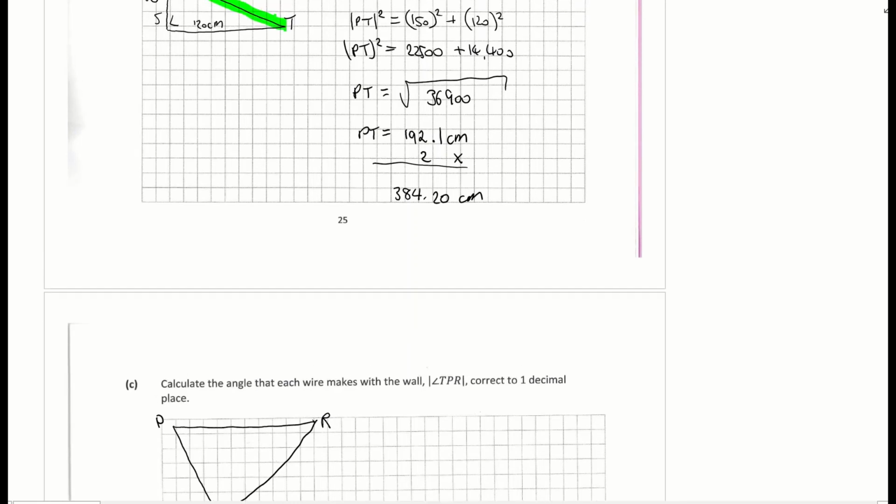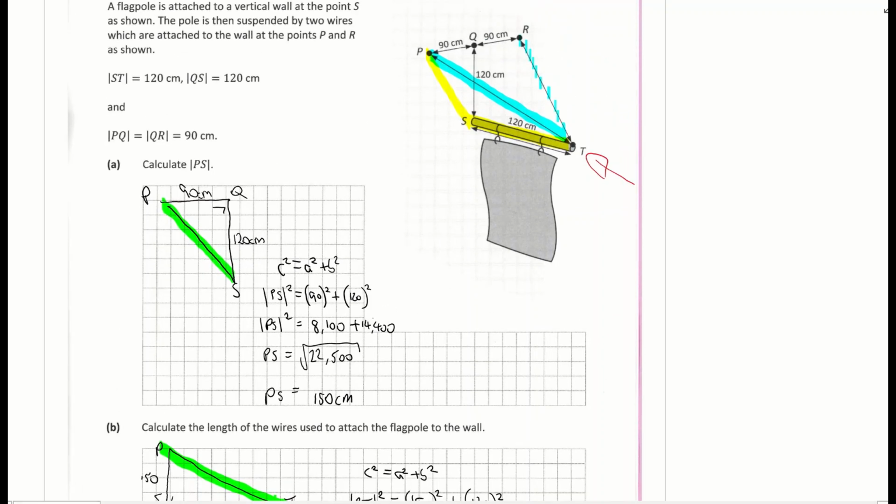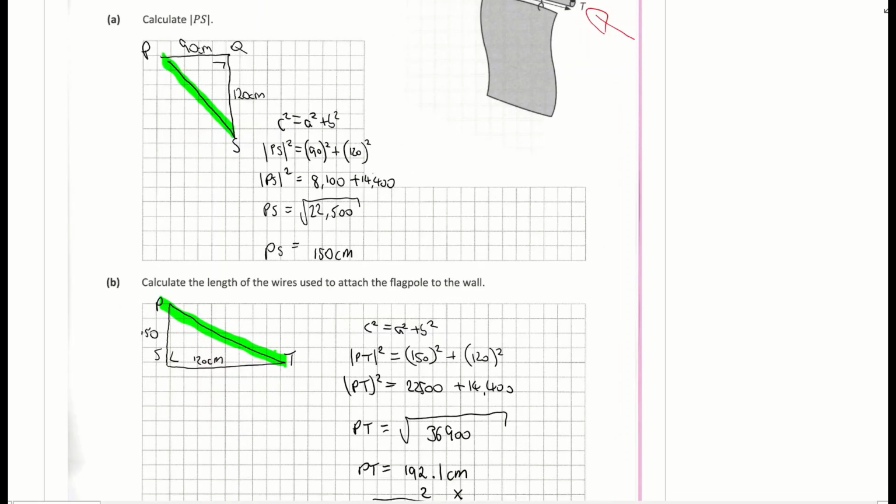Now if we come back up to our original picture, remember that T is the tip of our flagpole here. What I'm basically doing is using the two lengths of my cables in blue there going off to P and R. Now they're the same length because remember that we have a 90 and a 90 here. So it's like an isosceles triangle basically that we're making out of it.